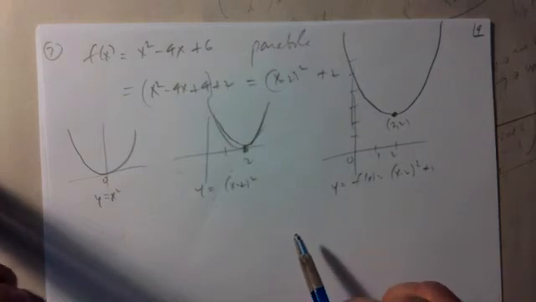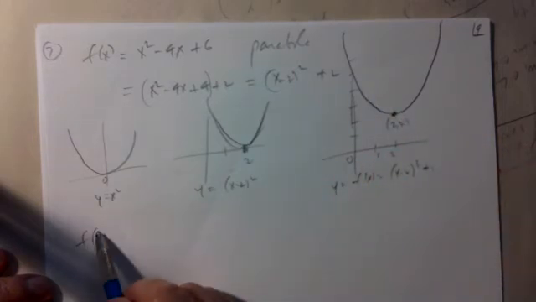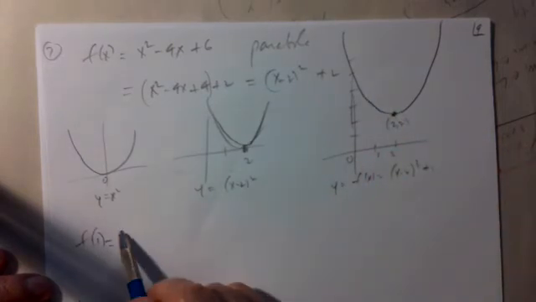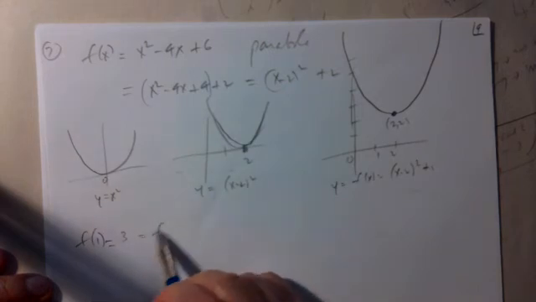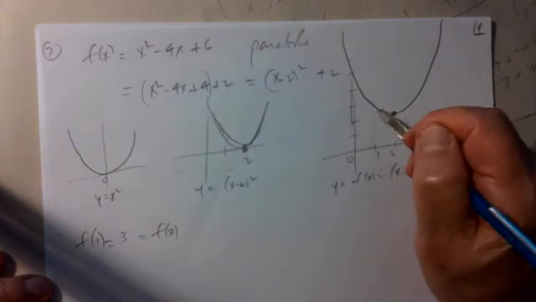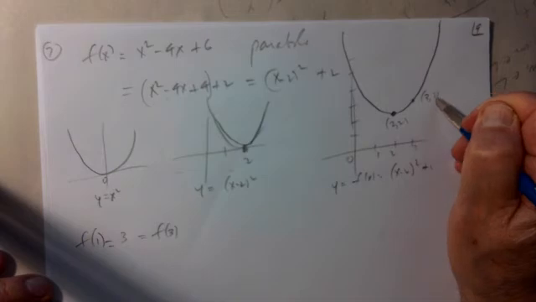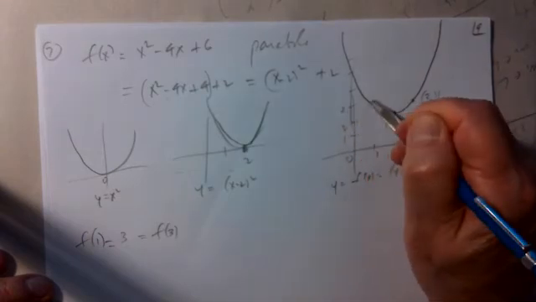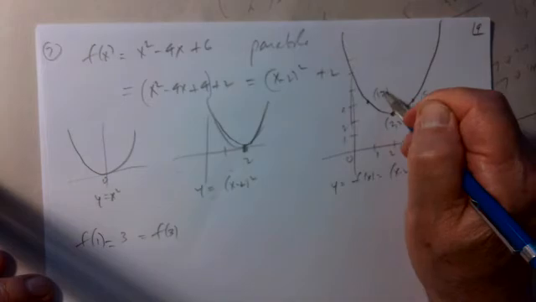And we want the tangent lines at x equal 1 and x equal 3. So f of 1 is equal to 3. And if you plug in x equal 3, you also get 3. So here's the point 3, 3. And this is the point 1, 3.